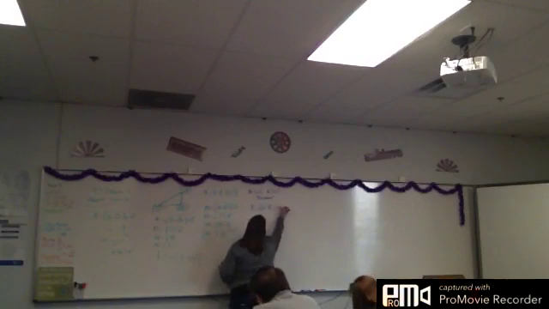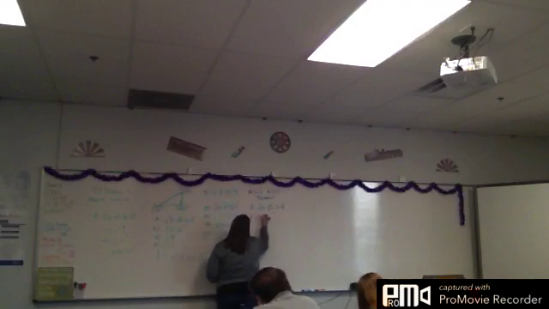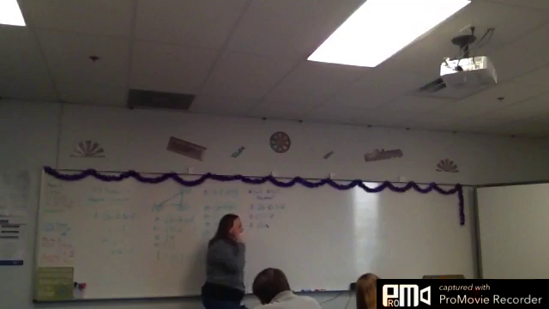3 minus 7, squared. What's 6 minus 5? 1. So I get 1 squared plus, what's 3 minus 7? Negative 4, squared. What's 1 squared? 1. What's negative 4 squared? 16, not negative. Matthew, think this through.